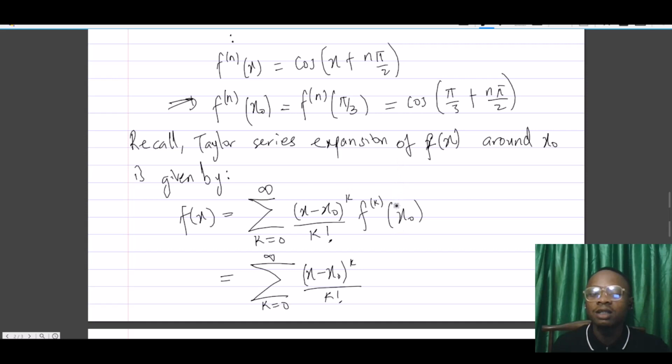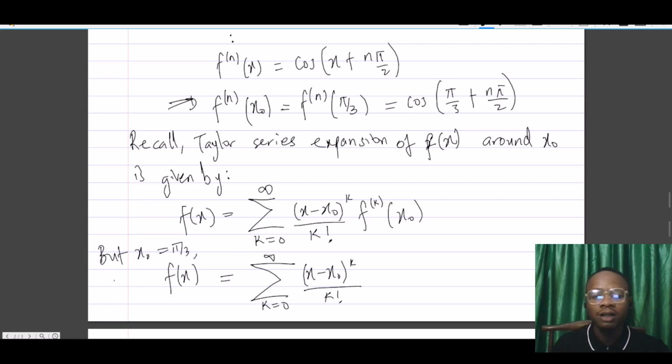It has been expanded about pi over 3, so our x naught will be equal to pi over 3.